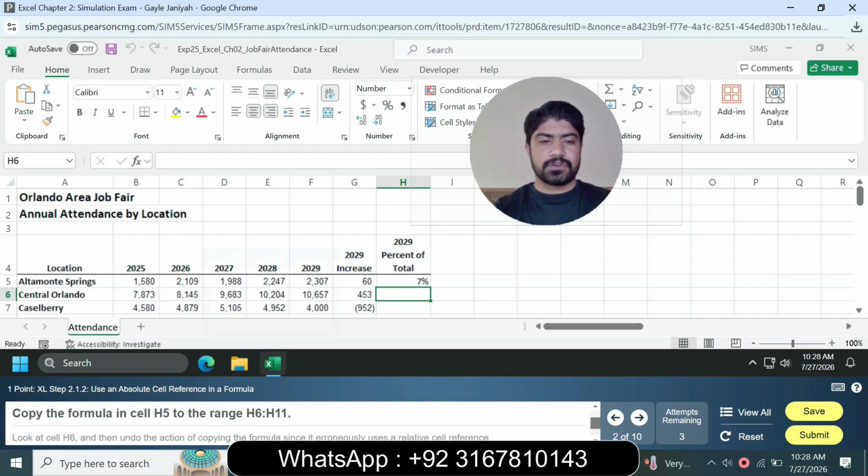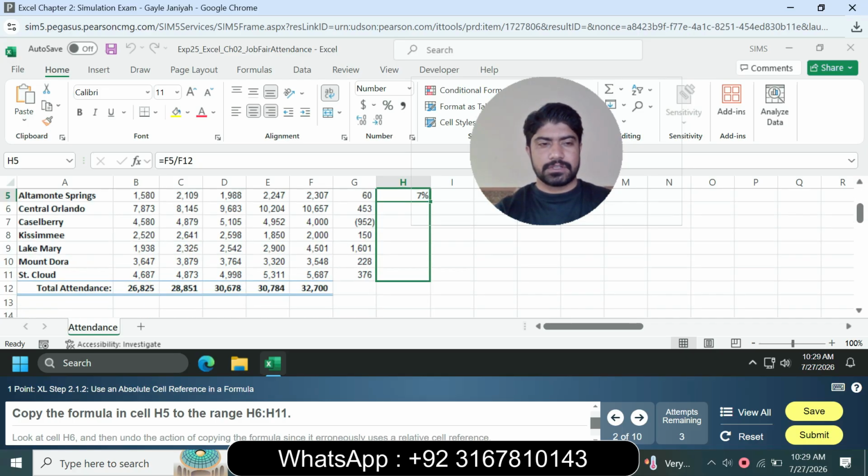So next, copy the formula in cell H5 to H6 to H11. So H6 to H11.